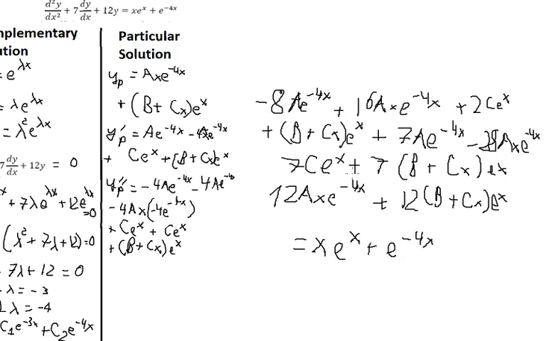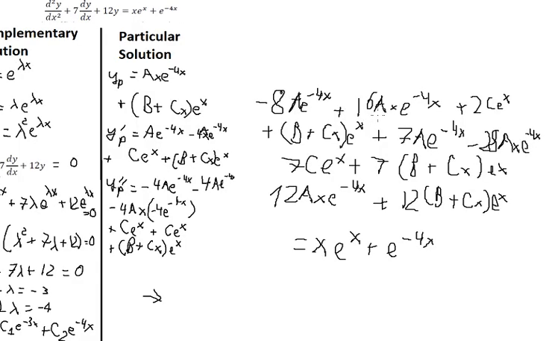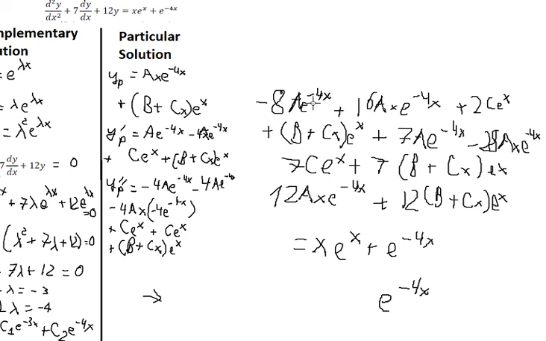And now we need to simplify this one. So we have e to the power of negative 4s, and we put in the terms of each unit.